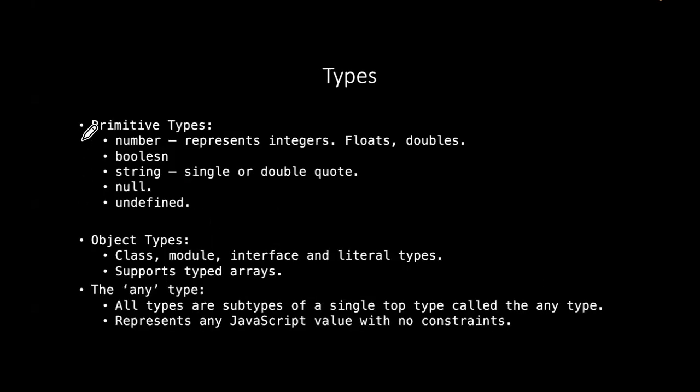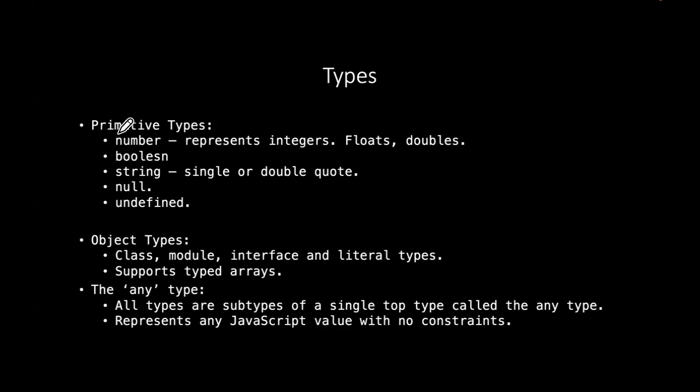Now, any language has what are called its primitive data types, and the primitive data types of TypeScript are the ones that you would get for pretty much any language. I'm just listing them here, and you can determine from looking at the list that some of them are taken directly from the JavaScript language.